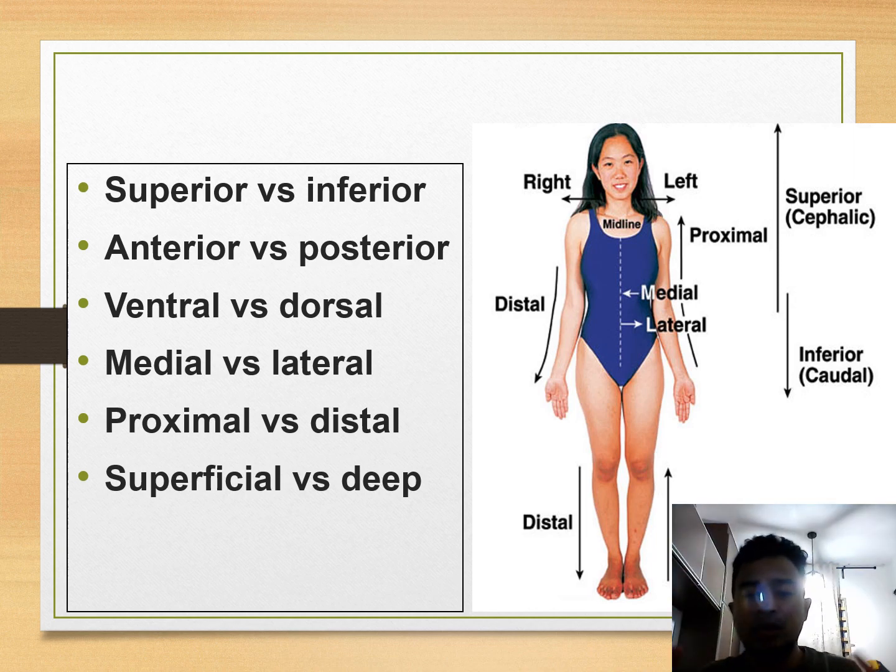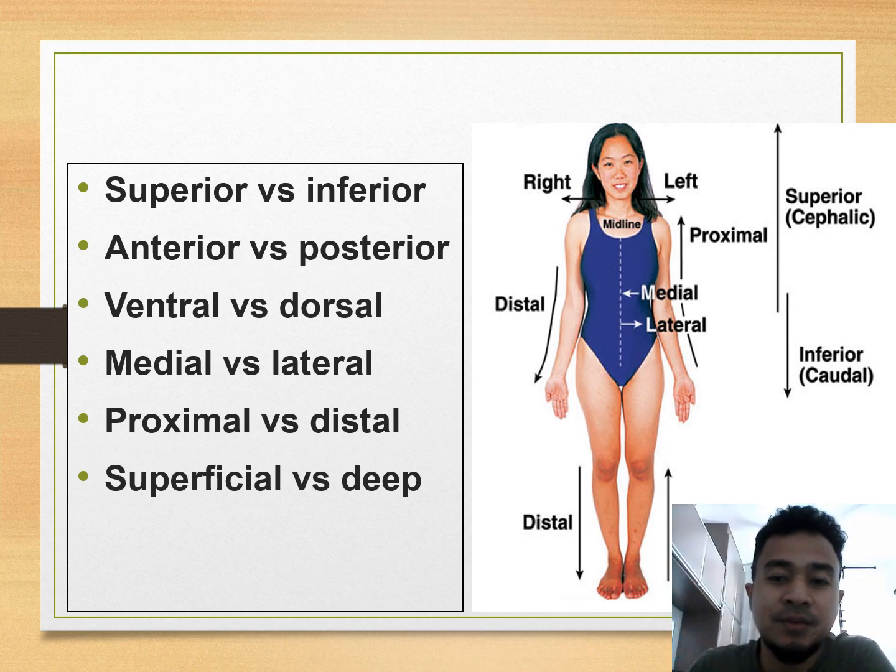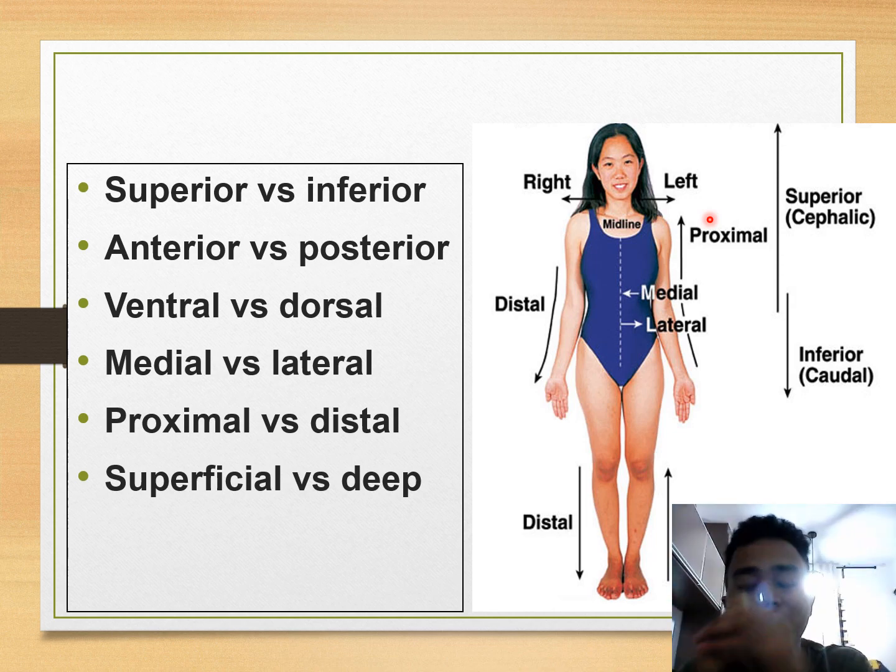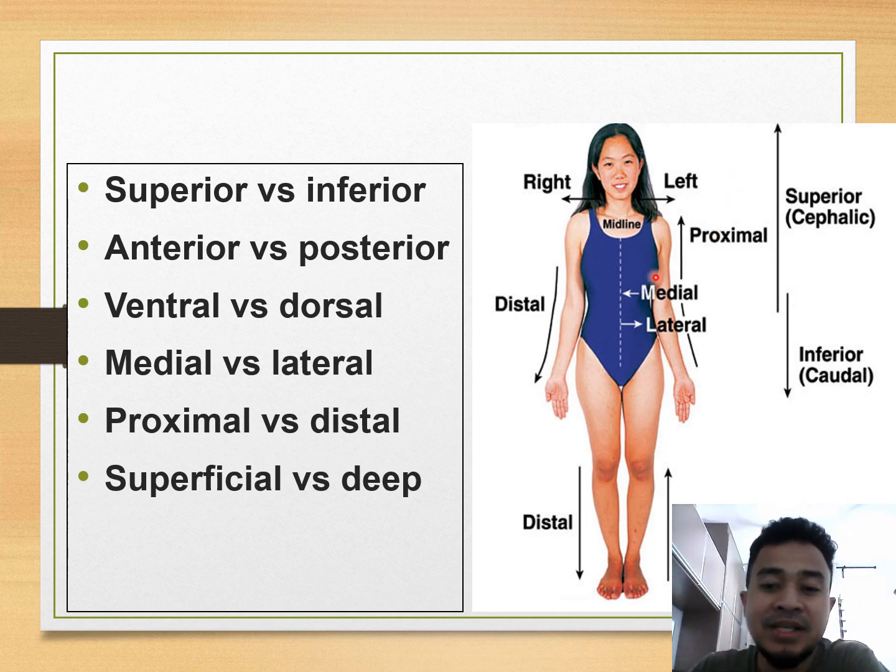To give you a clearer picture, we make comparisons: superior versus inferior, upper versus lower, anterior versus posterior, ventral versus dorsal, medial versus lateral, proximal versus distal, superficial versus deep. It is true that we need to take some time to remember these, but bear in mind there is something you have to remember.